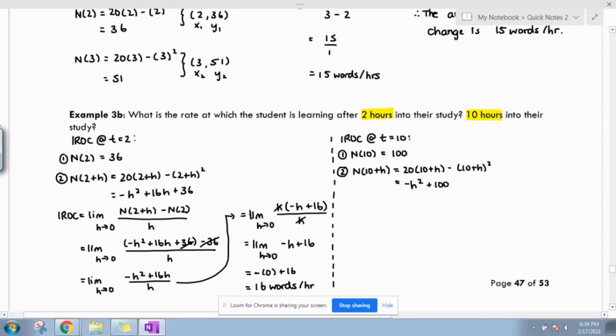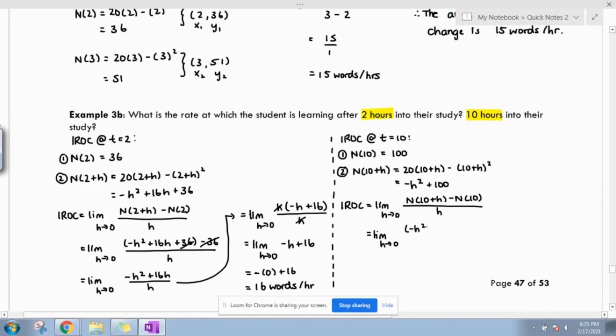So once I have this, I'm now going to figure out the slope of my tangent, which is my IROC. To figure out IROC, we're going to do the limit as h approaches 0 for n of 10 plus h minus n of 10 all over h. So let's replace everything that I've got in there right now.